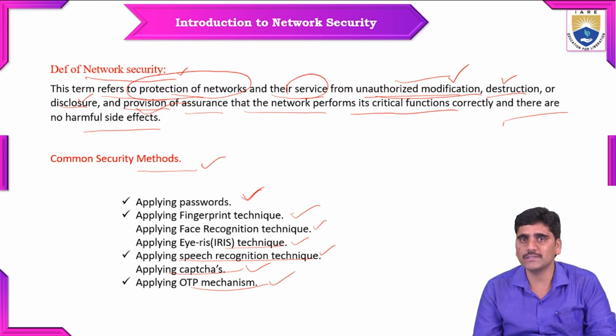So these are the basic security methods that every user wants to provide to protect from unauthorized access. What are those? Applying passwords, fingerprint techniques, face recognition techniques, iris techniques, speech recognition techniques, captchas, and OTP mechanisms. So these are the different common security methods.